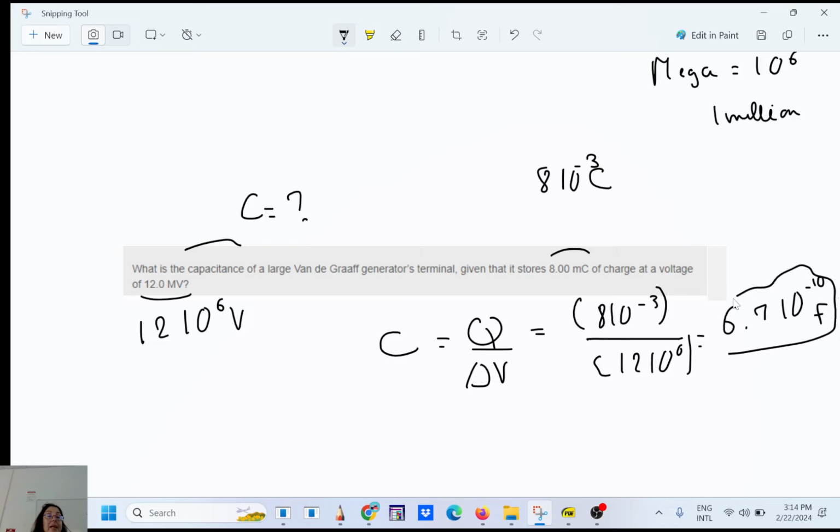Did you get that? Make sure you put parentheses around the denominator. Right? Do you get that? So with your TI, you do 8e minus 3. Okay? Mega. I'm going to lose my voice.